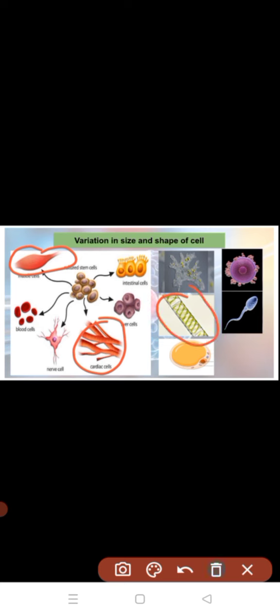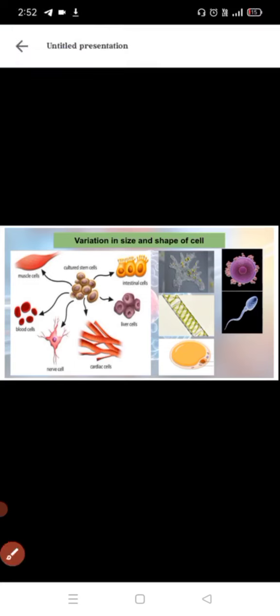So we will find different types of cells, different shapes of cells, different sizes of cells, and depending upon the shape and the size, their functions are dependent. So here we have seen different types of cells.